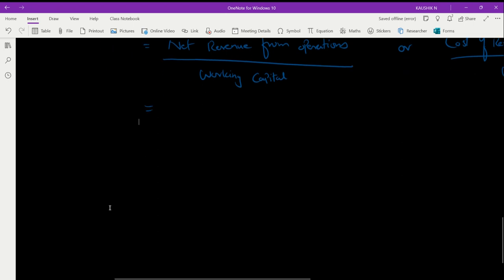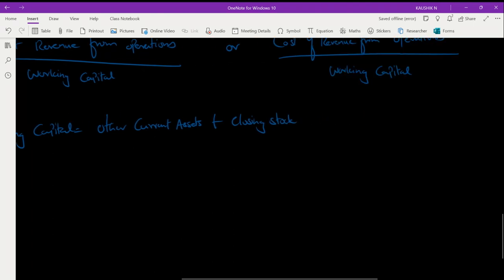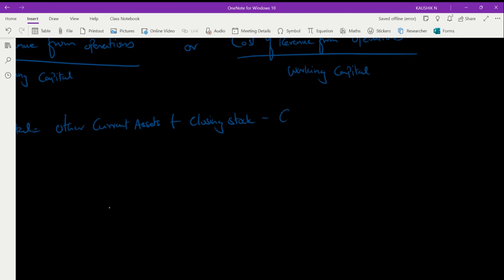So I'm just going to write the formula for deriving the working capital. Working capital is equal to other current assets plus closing stock, and from this you subtract your current liabilities.